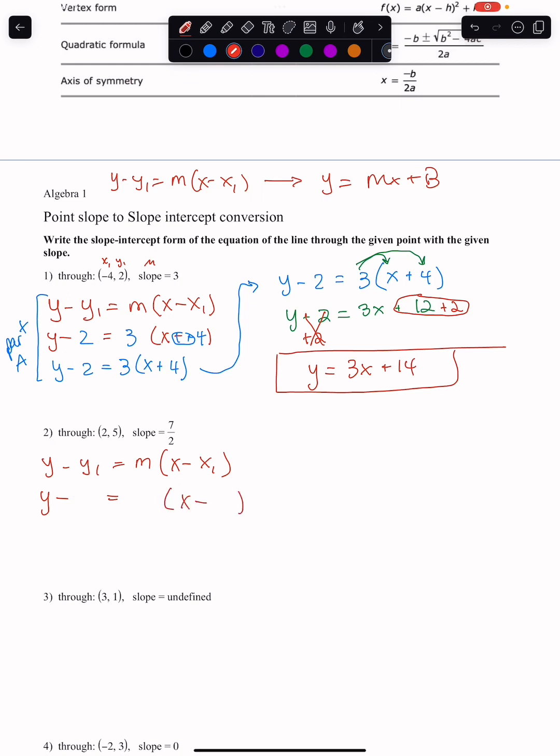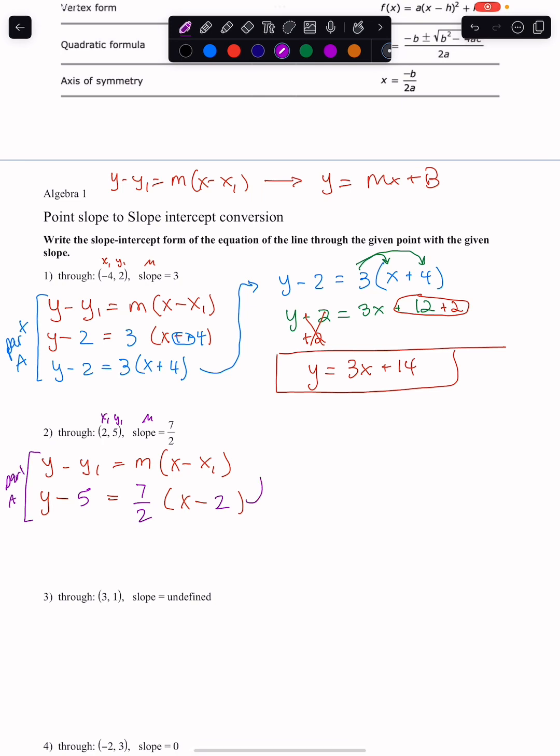And then we're going to label x1, y1, and that's m. So my y1 is 5, m is 7 over 2, and x1 is 2. Now, again, since we have no double signs, this is what we called part A.